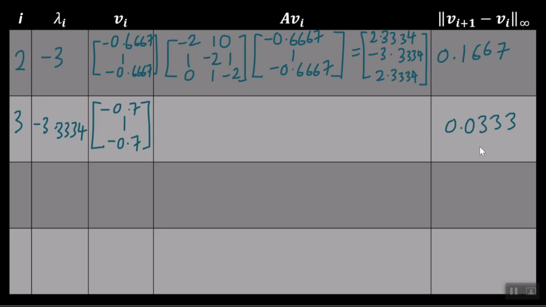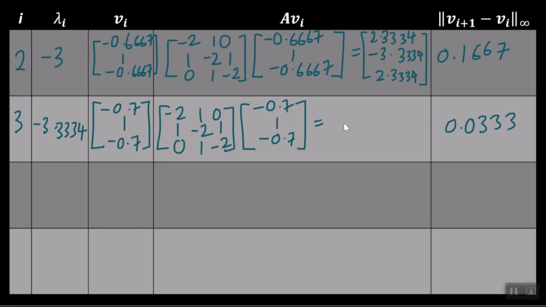And because this is not less than our stopping criteria, we would continue the iteration with matrix A, negative 2, 1, 0, 1, negative 2, 1, 0, 1, negative 2, multiplied by V, our new V. And the answer is 2.4, negative 3.4, and 2.4.